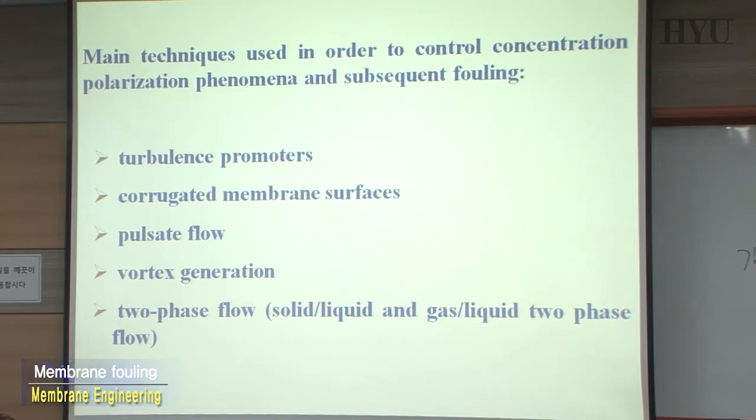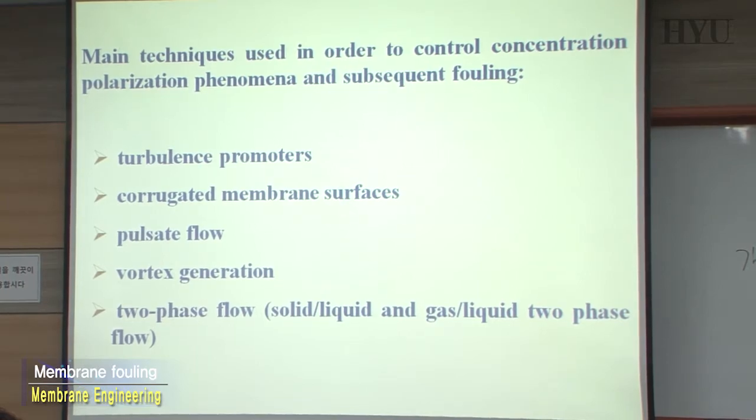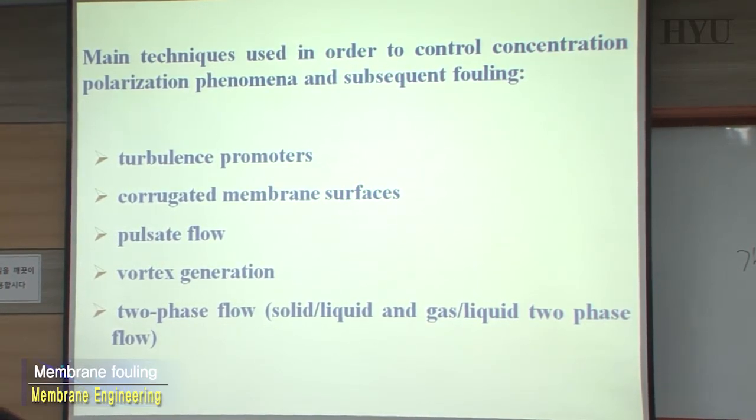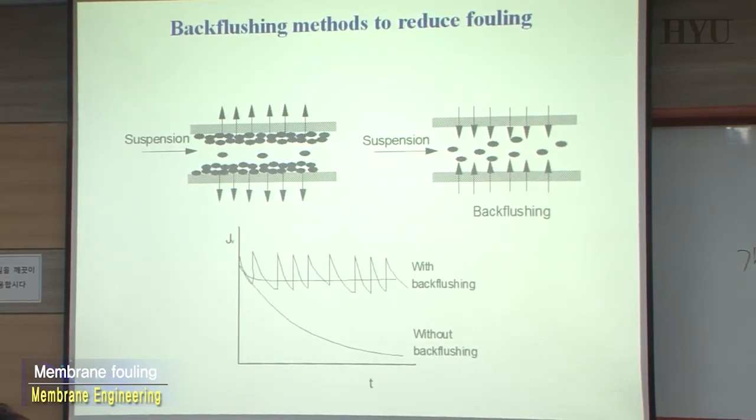You can have membranes with some profile inside. That's another way to induce Coriolis acceleration. You can try to detach. You can have flow that is just pulsing. You can have vortex generation. You can invent how to induce vortex in the system. You can have two-phase flow. Eventually, you can have bubbling of air inside. So different ways of doing it are present.